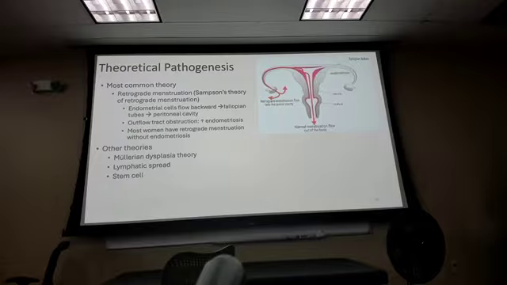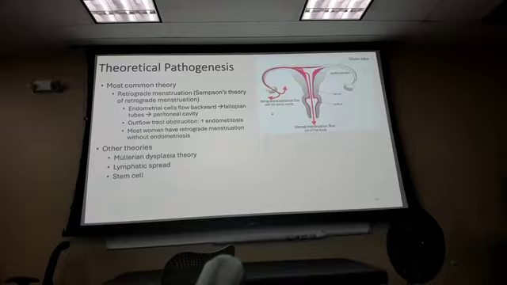We're not exactly sure why some people get endometriosis and others do not. So the most common theory is the Sampson theory of retrograde menstruation. And what they're saying is, yes, when people have a menstrual cycle, when they have their bleeding phase, we know that that's going to come out of the vagina. But the other thing that happens, they will get some retrograde out through the fallopian tubes and into the pelvic area, peritoneal area.